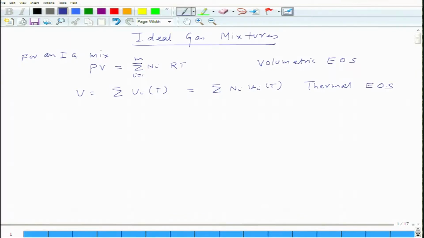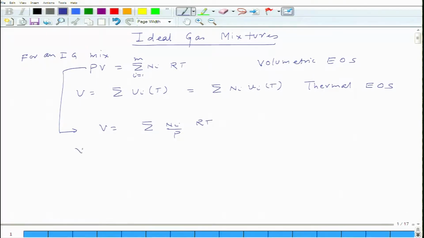Now, what I am interested in basically is obtaining the partial molar volume for an ideal gas. So, we can use this expression and get V is equal to the summation of Ni multiplied by RT divided by P.